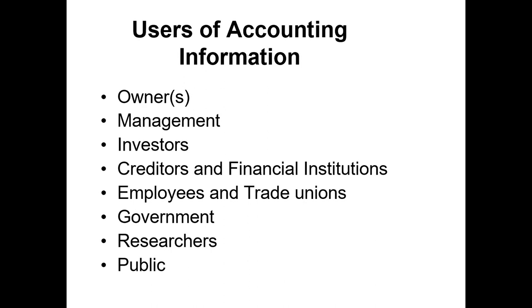Employees and trade unions for their future stability and security. Government for taxation and other regulatory compliances. Researchers for future research and developments. The general public for their own interest in the firm.